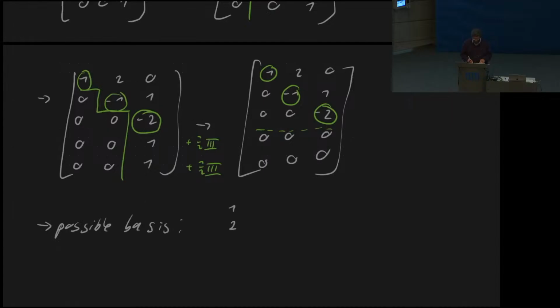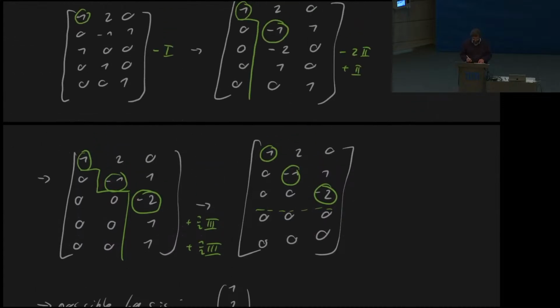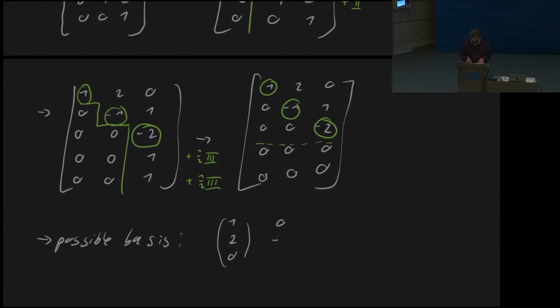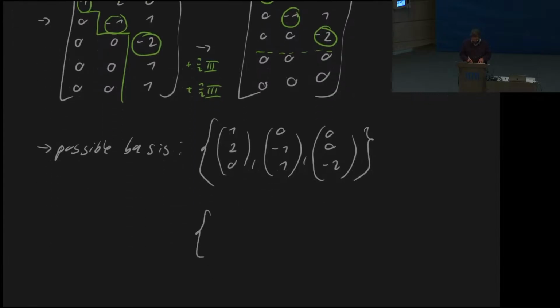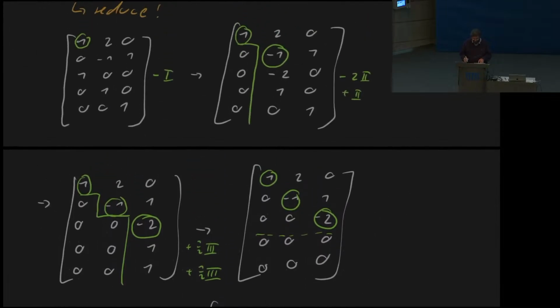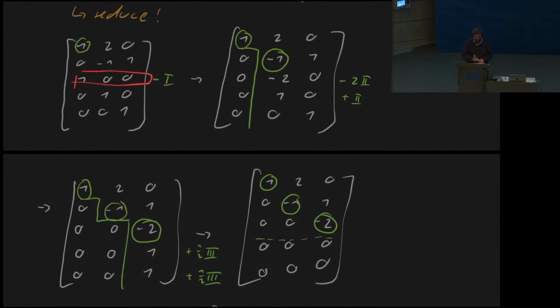Right? So possible bases would be, I take 1, 2, 0, 0, minus 1, 1. And then I can either add this last row here, or if I want to have something even simpler, instead of that last row, I could take the original row that corresponds to it.